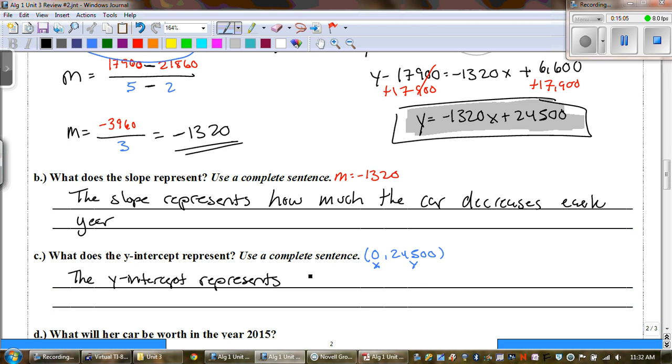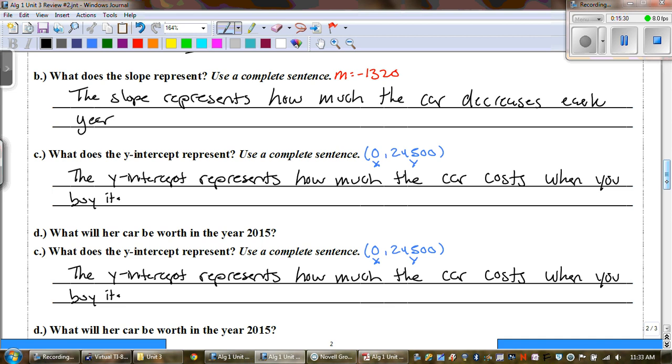Okay, so it represents how much the car costs when you buy it. Brand new car, that brand new car was $24,500.